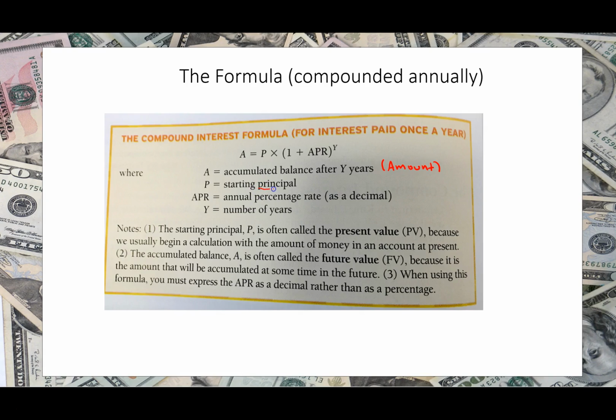Principal means the starting amount. The APR, of course, is that annual percentage rate, and you want to put that in as a decimal. So for example, 5% would be equal to 0.05. And Y stands for the number of years that you're either investing or you're being charged interest for some sort of debt.